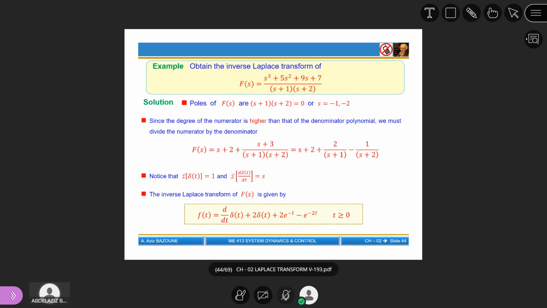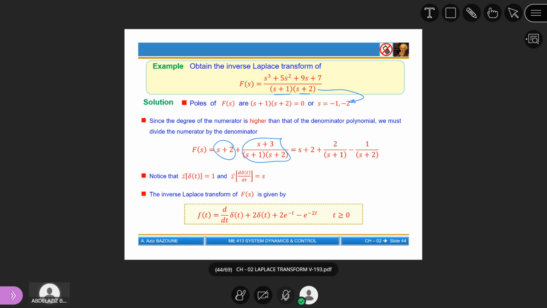Another example, Shabab: obtain the inverse Laplace transform of this expression, S cubed plus 5s squared plus 9s plus 7 over s plus 1 times s plus 2. We know the poles here are s equal to -1 and s equal to -2. So these are the poles that make the value of the denominator zero. If you do this long division, Shabab, you end up having this expression plus this expression.